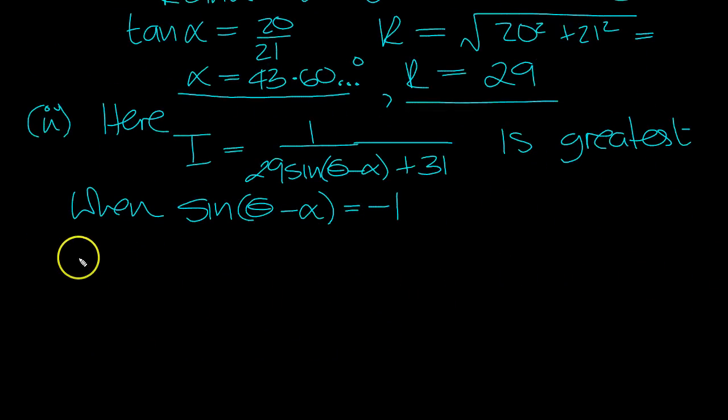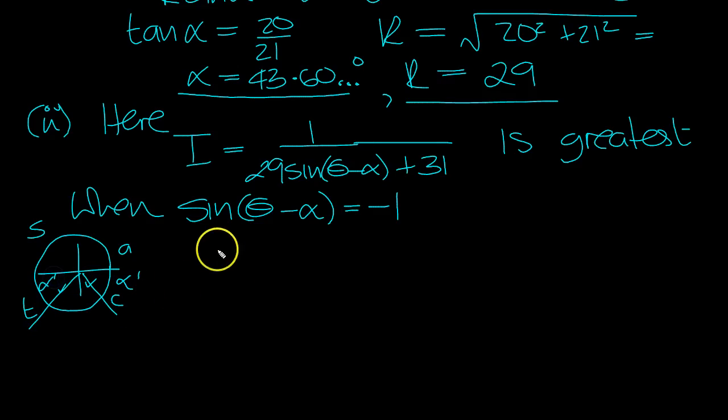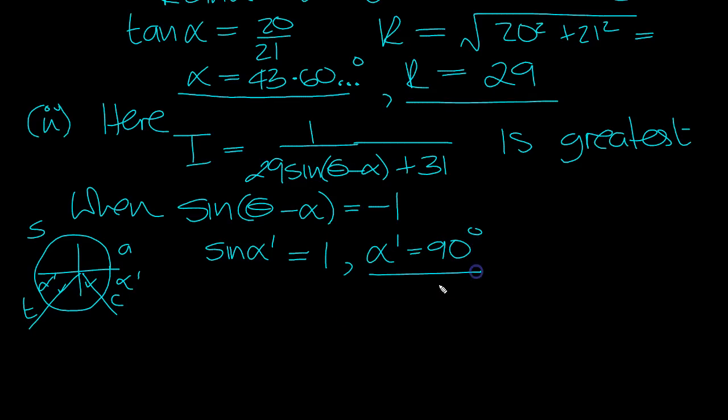What value of theta have we got there then? So CAST, sine is negative here and here. So mark off the alpha dashed, we'll call it. Sine alpha dashed then is equal to, drop the negative. So alpha dashed is equal to 90, shift sine.